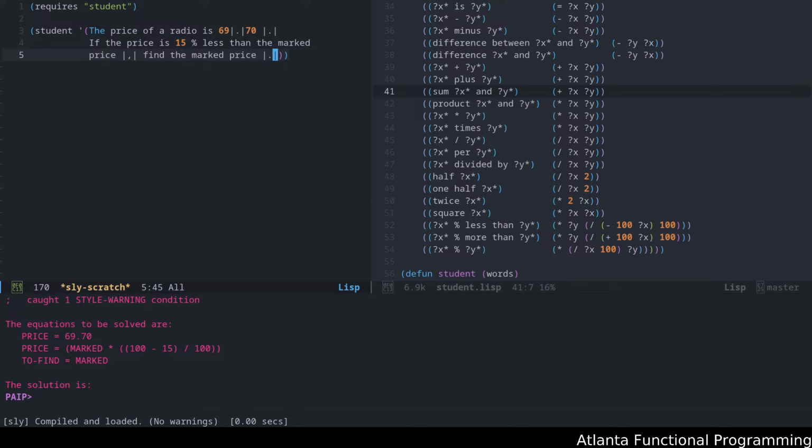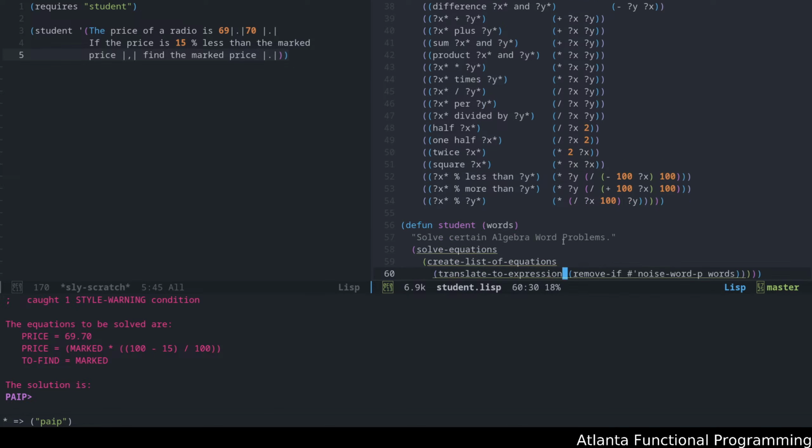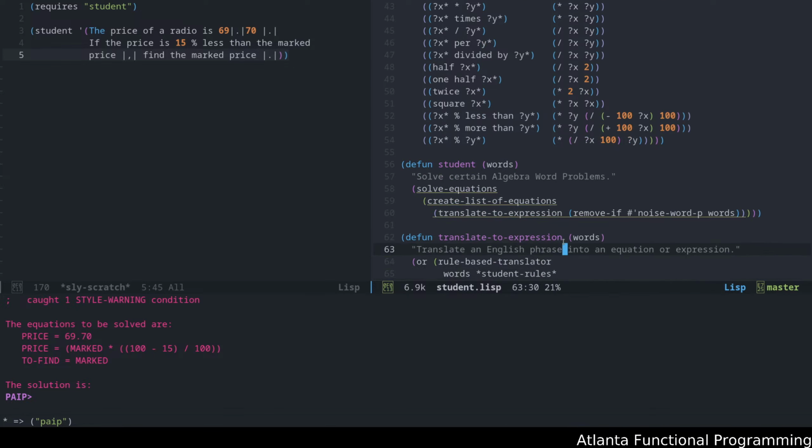But as far as the student solver is concerned, there are two unknowns here, to find and marked. And because to find and marked are both unknown, the current constraint solver, which demands to have only one unknown, is unable to actually solve everything, so it's just spitting out the equations as is.